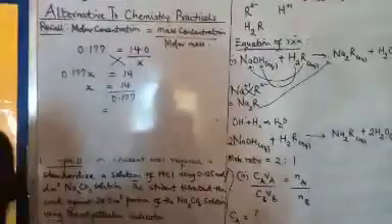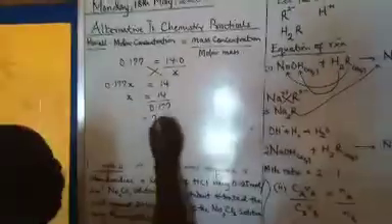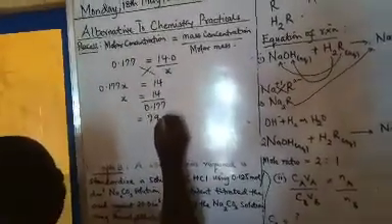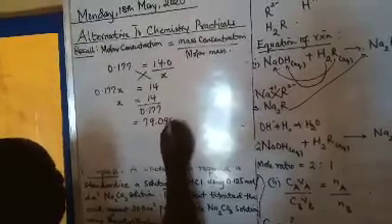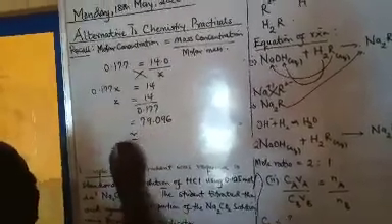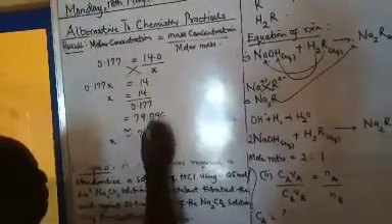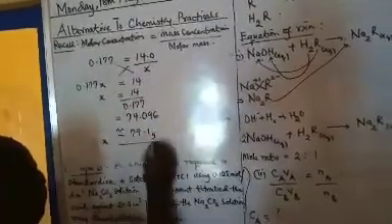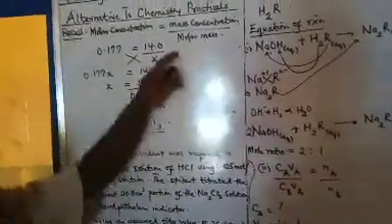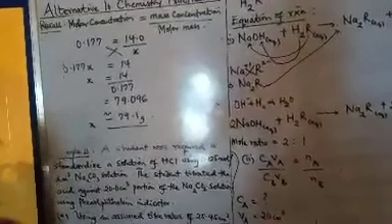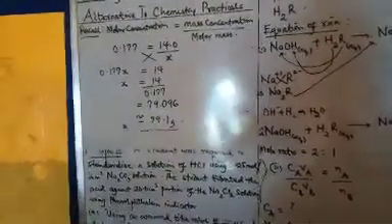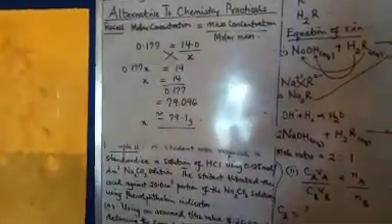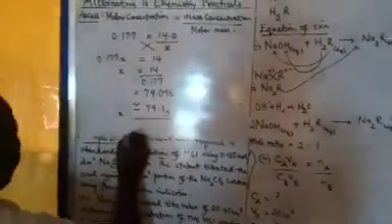What's that going to give us? 14 divided by that, 79.096. We can approximate that x is maybe 79.1 grams of that particular thing. That's grams per mole. That's it. Okay? So we've been able to look at the very first question we have there.